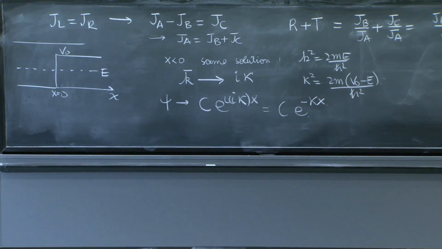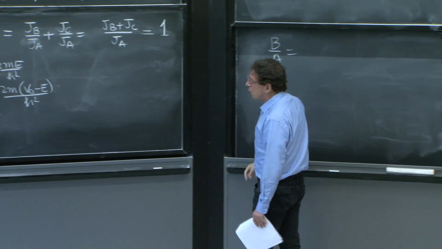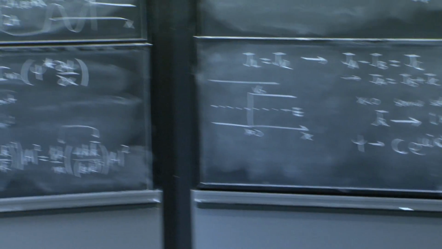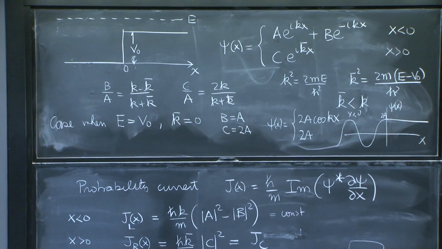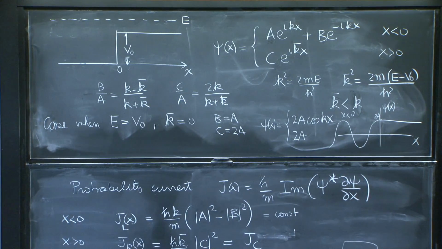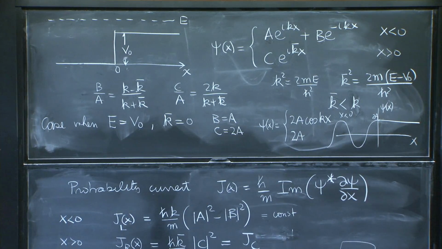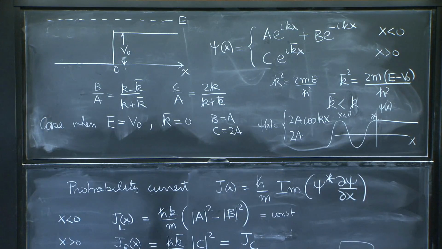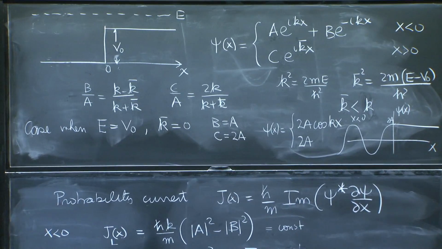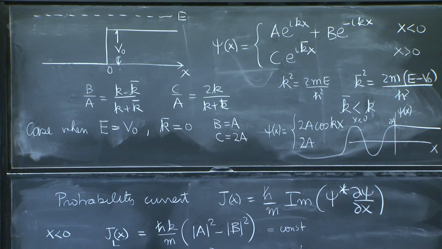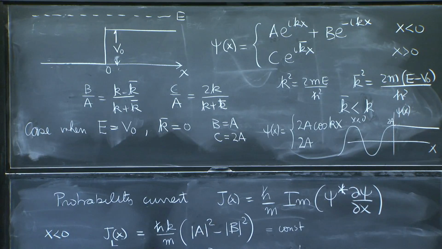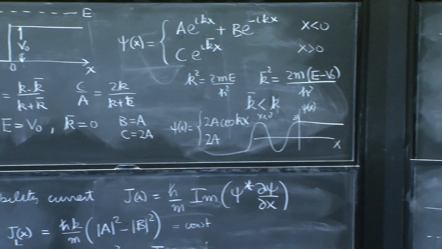So B over A, that used to be top blackboard there, middle, k minus k bar, becomes k minus i kappa over k plus i kappa. So it has changed. Suddenly, this ratio has become complex.